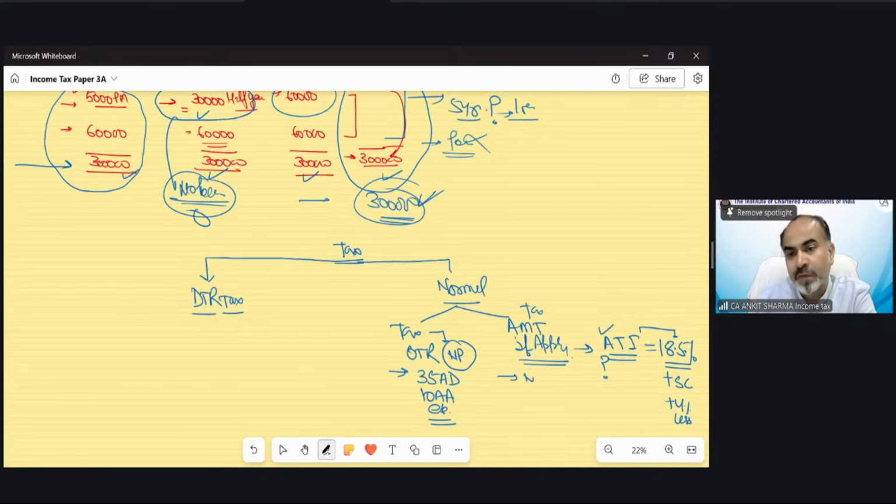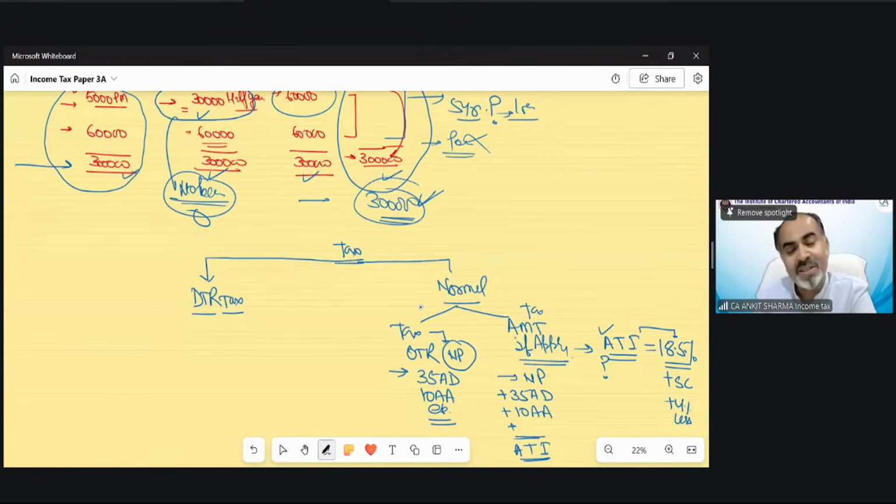Take that net profit, add back the section 35AD deduction, add back the section 10AA deduction if any has been claimed, etc. Then this will be your ATI. If you see, this ATI would be approximately equal to your DT, the default tax regime total income.